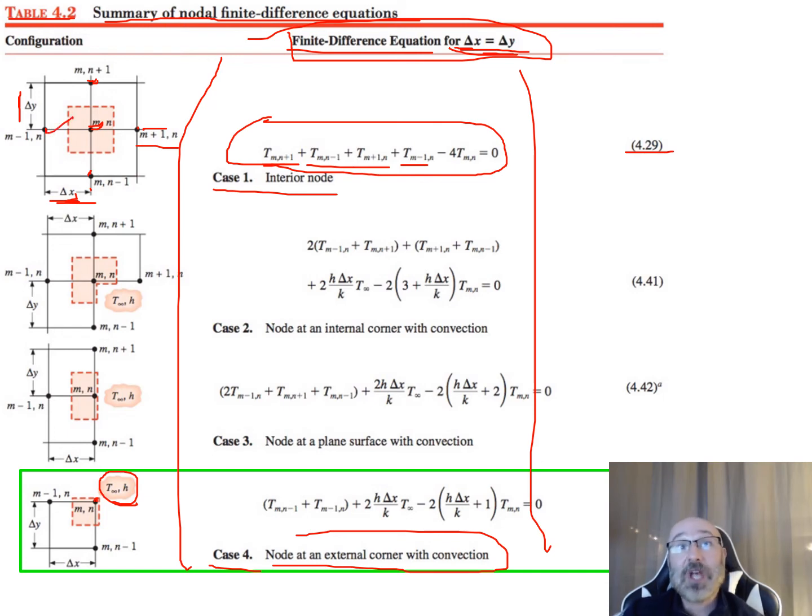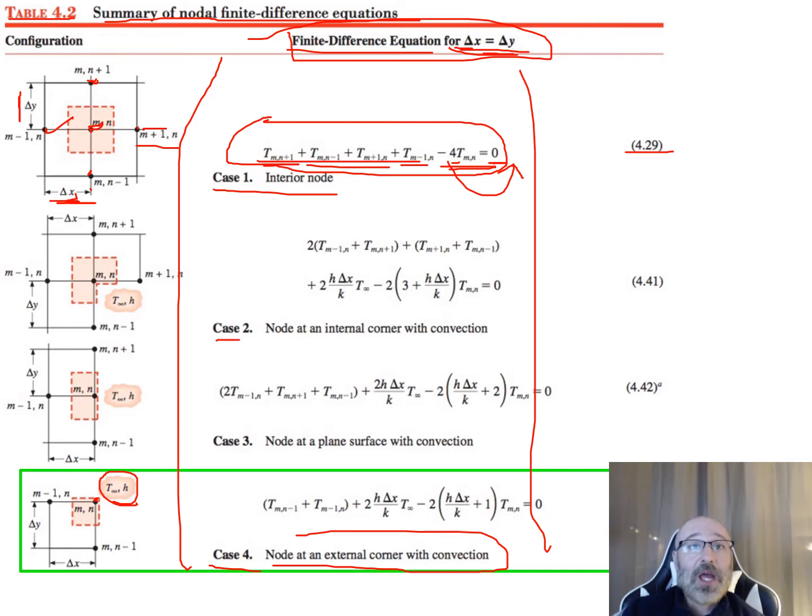So that basically says the sum of the temperatures of each of those 4 exterior nodes minus 4 times the center node at m, n is equal to 0. And that's that balance. So again, you could move this over to the other side if that's what you're solving for, that m, n, and say that it is going to be equal to the sum of all of those divided by our 4.